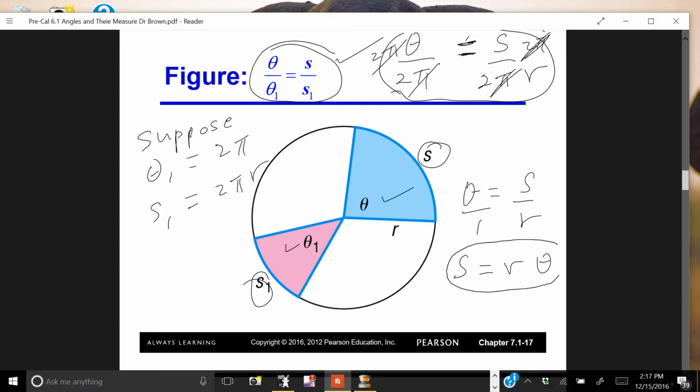So now we have a really important equation saying that the arc length of a sector of a circle is equal to the radius of the circle times the angle, and the angle theta must be in radians.